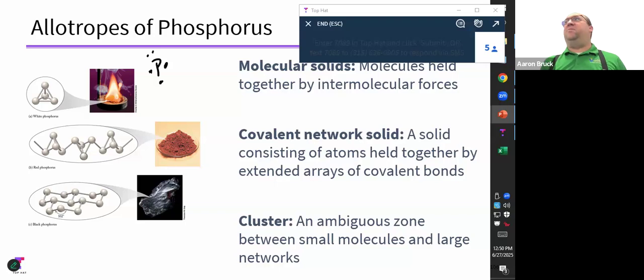And that increases their stability considerably. But there's also a third version, called cluster, and that's kind of an in-between state between smaller and larger.